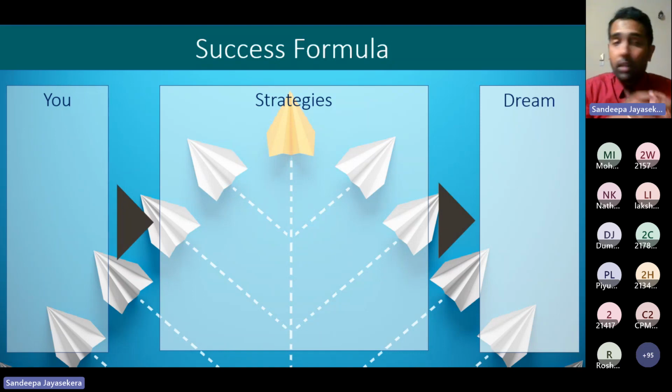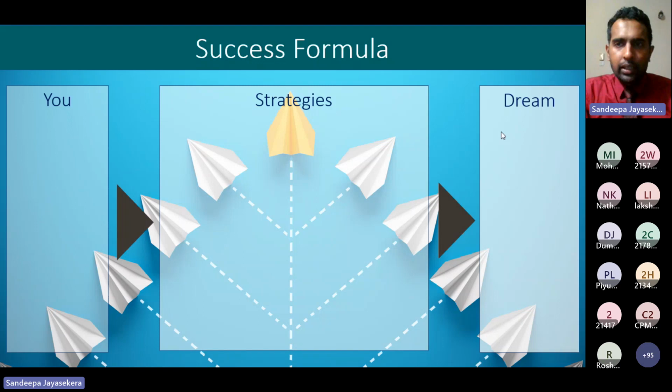If you want to become successful, you have to input yourself. You can't be putting anybody else. Then there are things that you need to do, the process that you need to follow. That is our bridge, what we call the strategies that we need to follow. And finally, the dream that you are going to achieve, right?